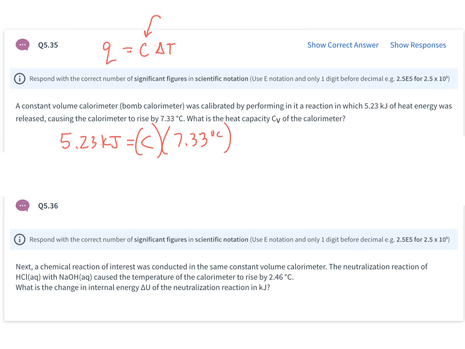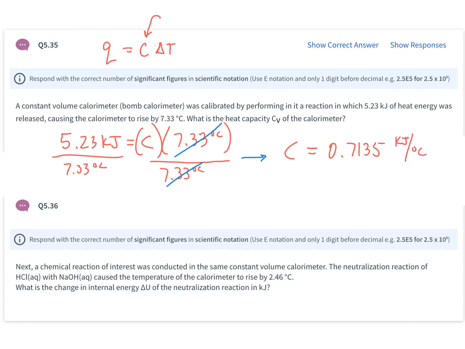Celsius. So to solve for the heat capacity of the calorimeter, I'm going to divide by 7.33 degrees Celsius, and we'll see that it cancels out on the right side. And that leaves me with a heat capacity of this calorimeter of approximately 0.7135, and for units, kilojoules per degree Celsius.